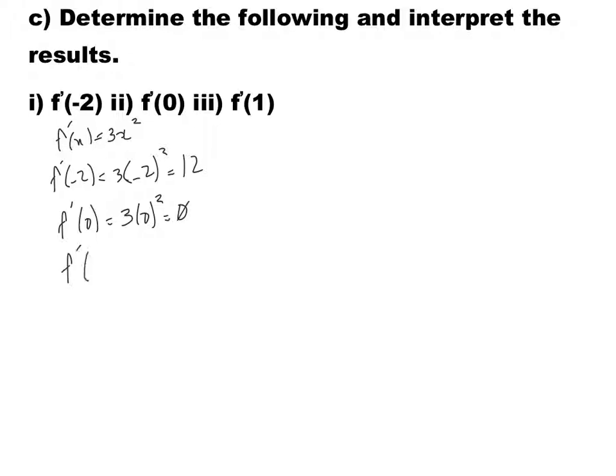And f prime of 1 is 3 times 1 squared, which is 3. To interpret the result, we can say that these numbers 12, 0, and 3 are just the slopes at points negative 2, 0, and 1.